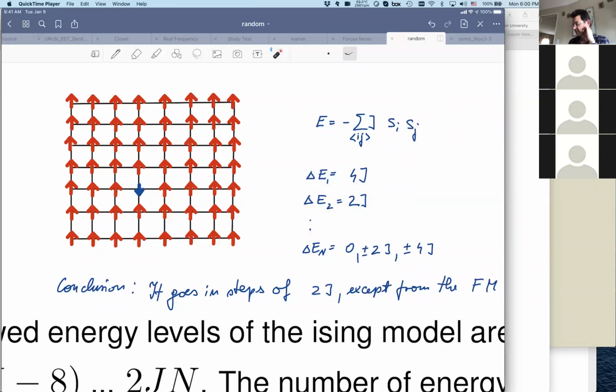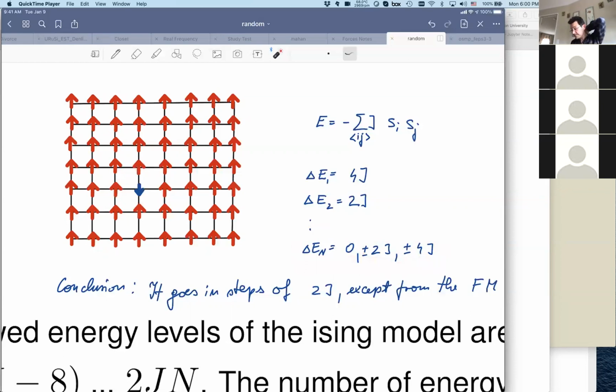And if we have a spin which has 2 in the down direction and 2 in the up direction, then the energy change is going to be 0. So generically, the energy change can be either 0, 2J, or 4J. And these are all. No other possibility, isn't it? We discussed this even before, that the energy change can only be 0, plus minus 2J, and plus minus 4J.